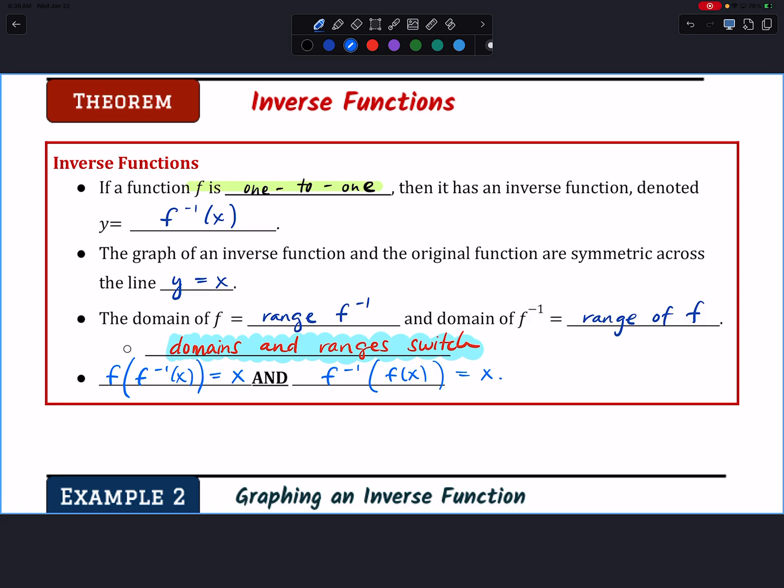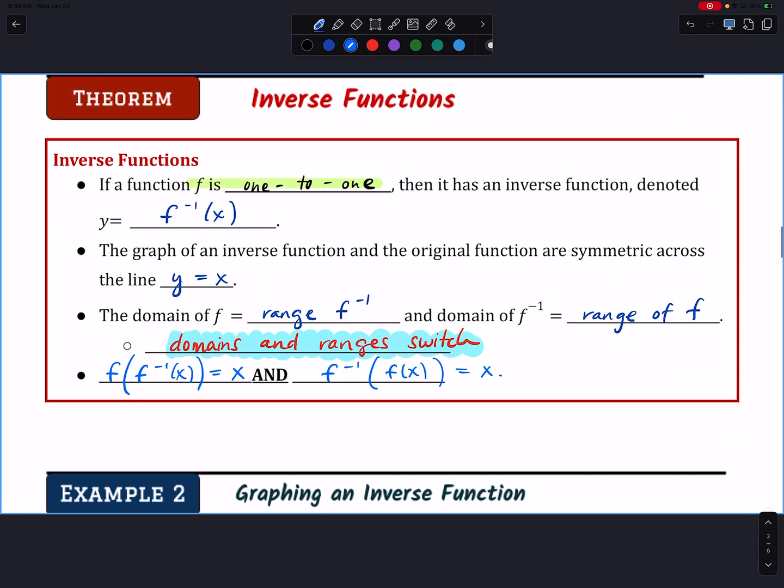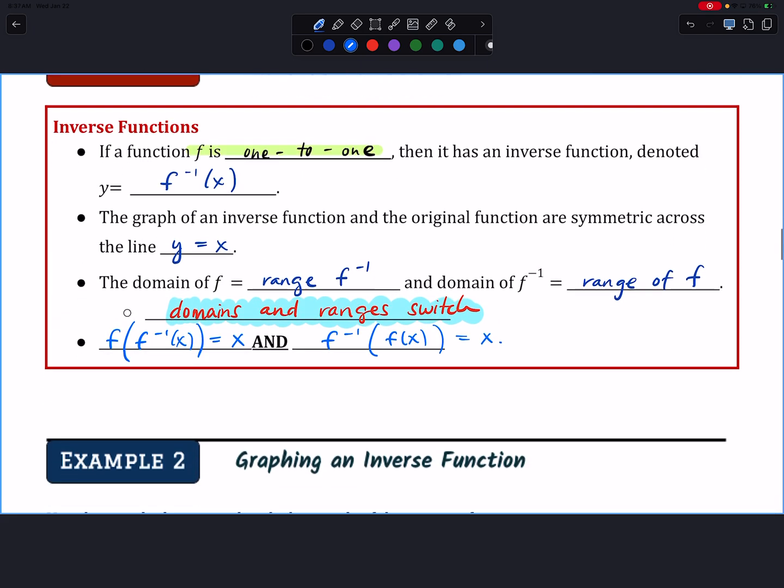Okay, so the next problem we're going to do, you guys should have a graph. Is everybody good on this box? Okay.